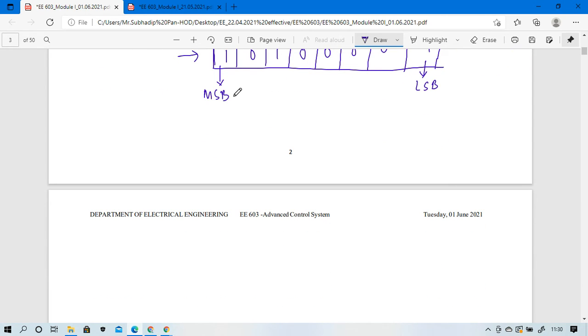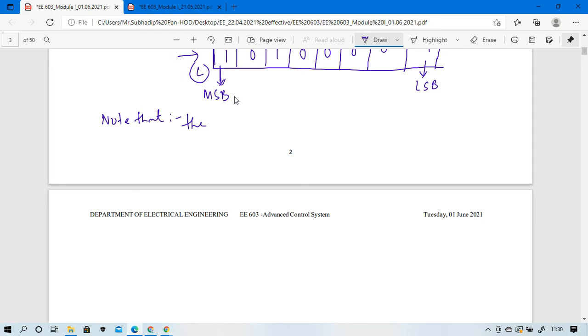Note that the leftmost bit of a natural binary code has the most weight, and it is called the most significant bit. Keep in mind why it is called the MSB: it is on your left side.